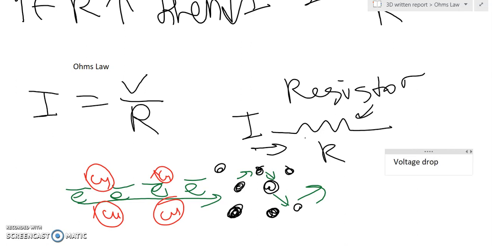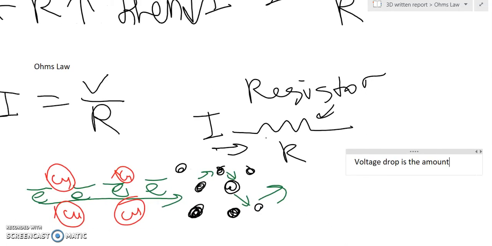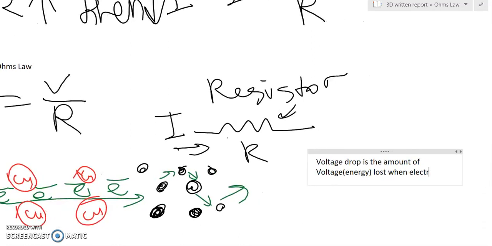Voltage drop is the amount of voltage, and I'm going to put energy in parentheses because voltage really is energy, lost when electrons pass through a resistor, or really any other circuit element. So this is what voltage drop is.